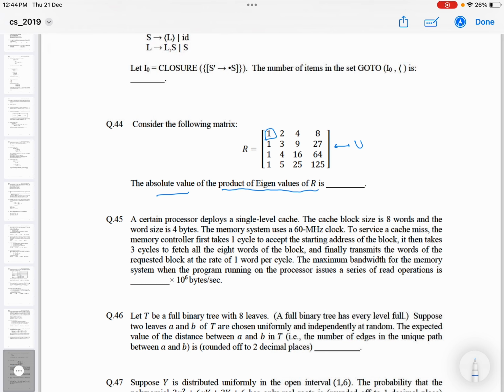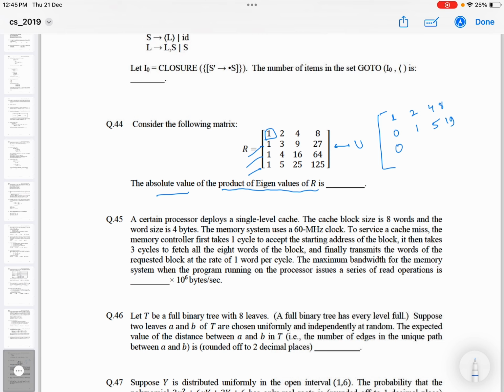So how can we do it? We can first apply the elimination. We can take this as a pivot, and after taking this as pivot, we can apply the elimination and neglect all this. So here we will have 0, and 3 minus 2 is 1, 9 minus 4 is 5, and 27 minus 8 is 19.